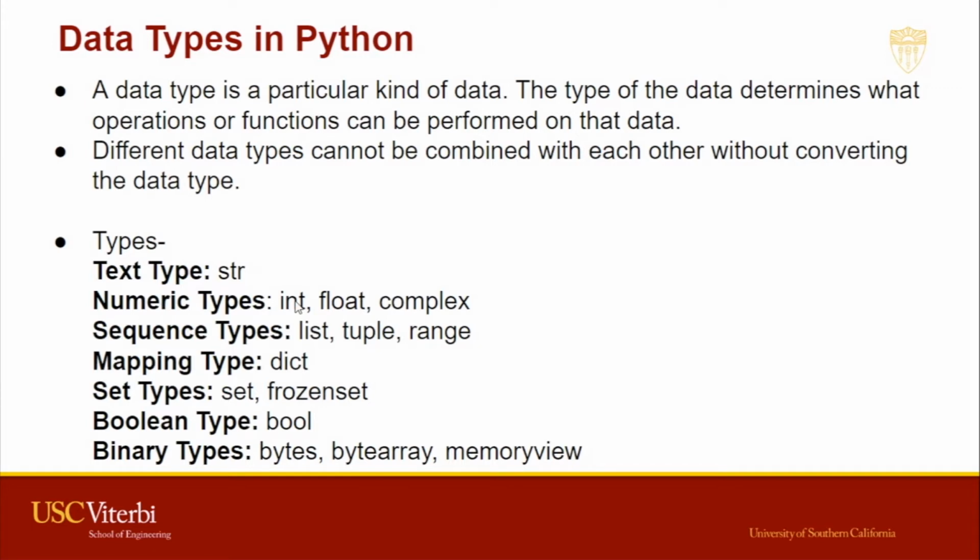Then numeric data types like integer, that is maybe your roll number. Float is like your marks because it has a decimal portion. Then there are sequences, list, tuple, and range. Then mapping, that is a dictionary, a Boolean, which has only two states, true and false, and so on.